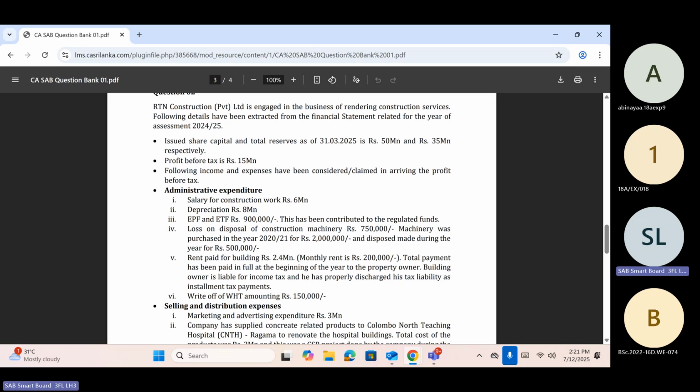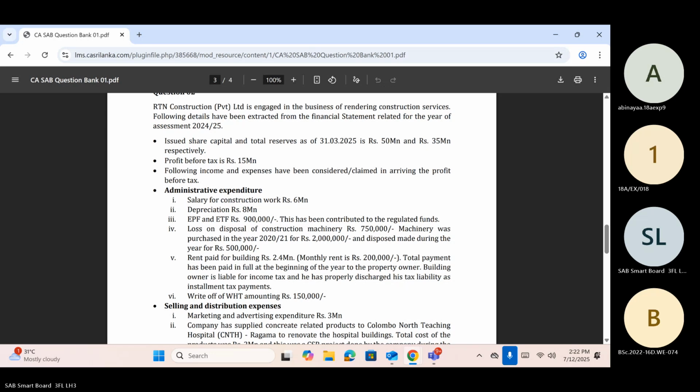Once we deduct this, how much is the written down value? 2 million, we are working 1.6 million for 4-year capital allowances.